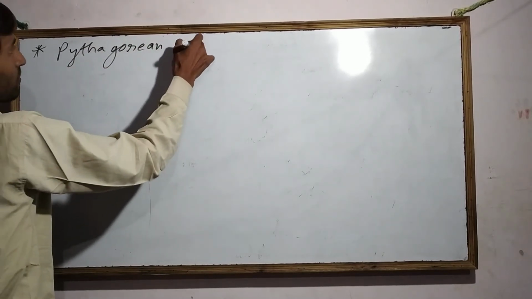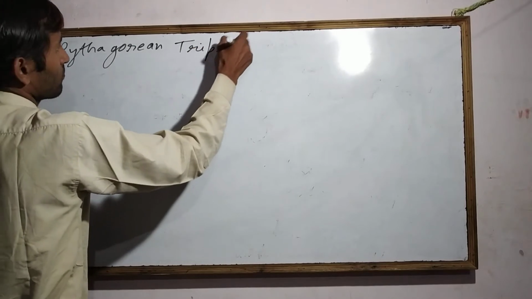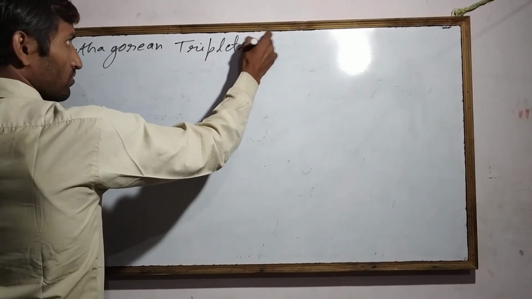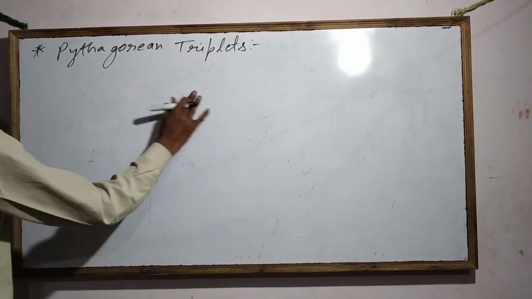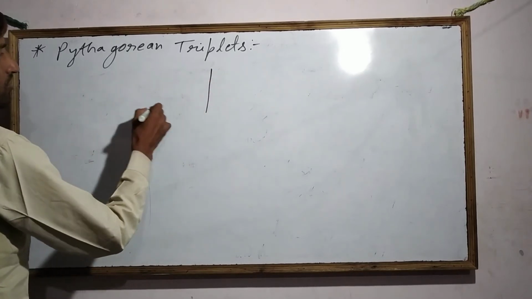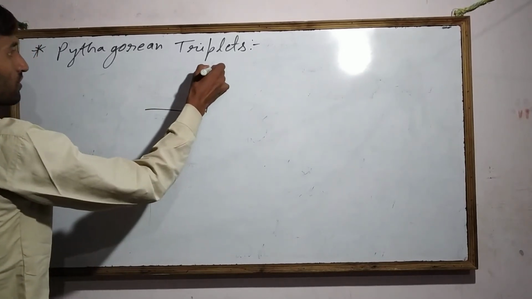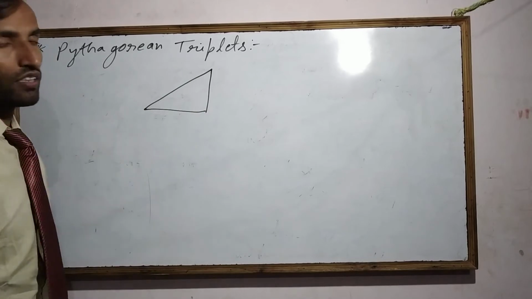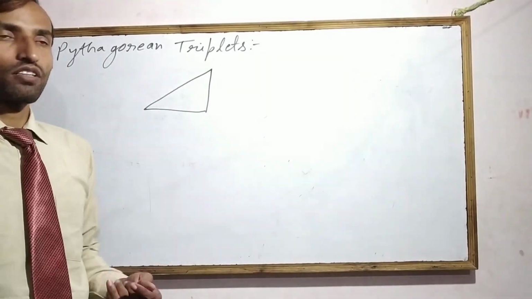Pythagorean triplet. Just draw a right angle triangle. A right angle triangle has three parts.